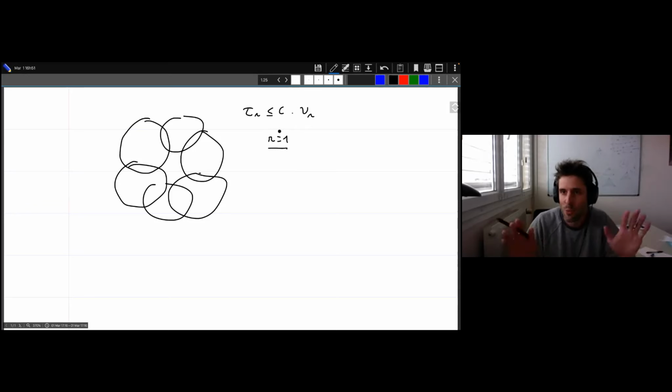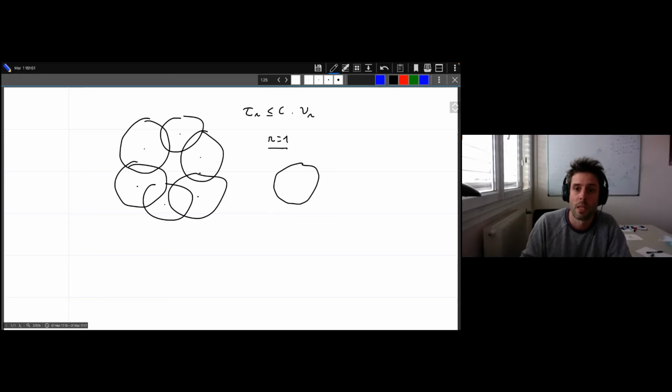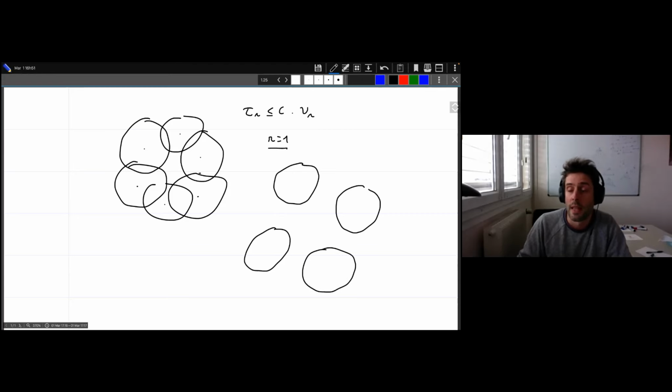So in the plane, if you prove some relation between tau and nu, it won't depend on R. But is there a relation like this between tau and nu in the plane? The answer is yes, and it's quite easy to see. The idea is that you take any set of points, you look at the corresponding balls, and you take a maximum packing, so the balls are disjoint, of radius 1, because I took R equals 1.